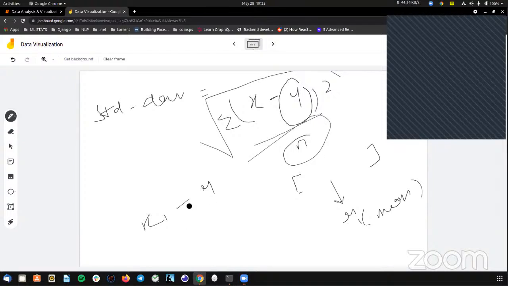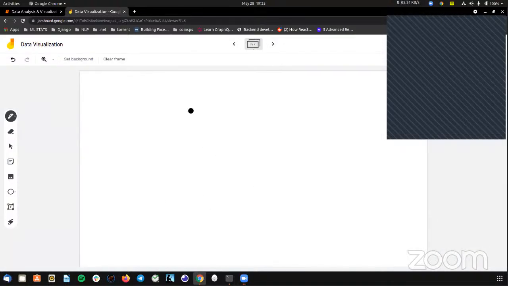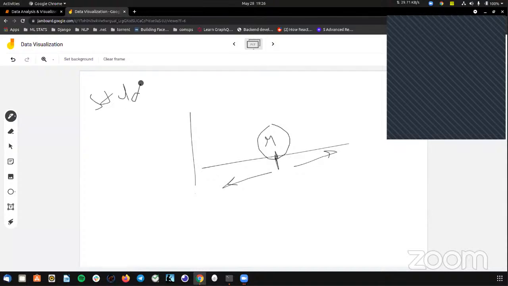That's how we calculate the standard deviation. Let's say we found our mu value here. The standard deviation tells us by what value the data can vary around the mean. We denote the standard deviation as sigma, and we have mu as the mean.